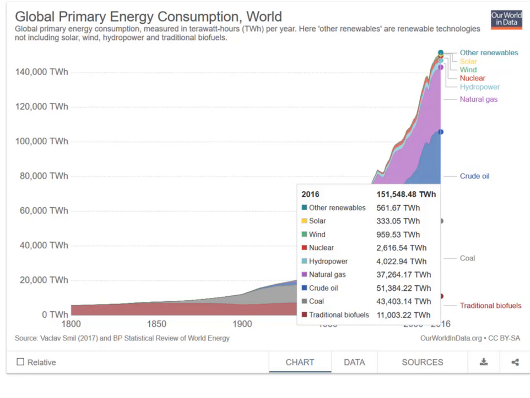In 2016, the total global energy use from all sources was 151,548 terawatt hours.